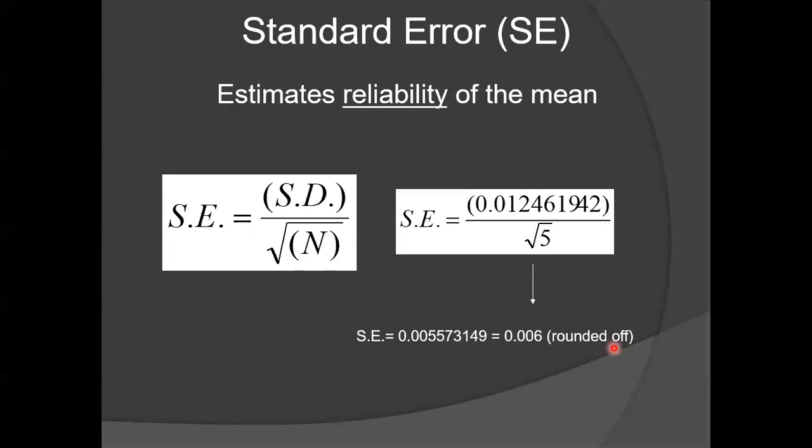It is important to not round too early when calculating standard error. If you round your standard deviation value, you may get a drastically different value for standard error. And this will be discussed later.